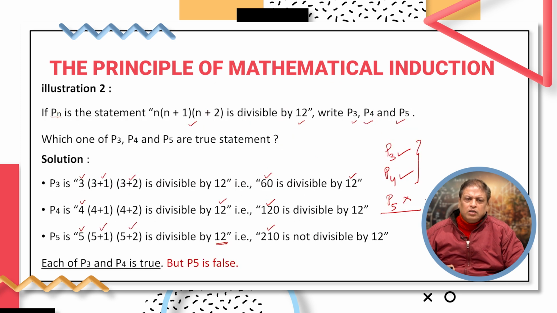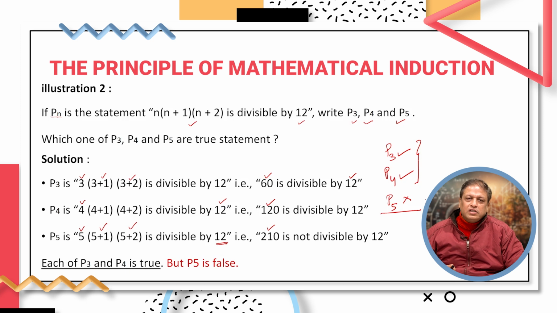Also, we learned that up to certain numbers the statement might be true, but after a certain number, the statement is not true. Likewise, in this example, we found that the statement Pn, n into n plus 1 into n plus 2 is divisible by 12, was found true for P3, P4, but it is not true for P5.